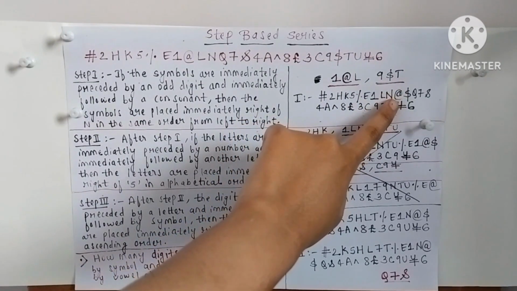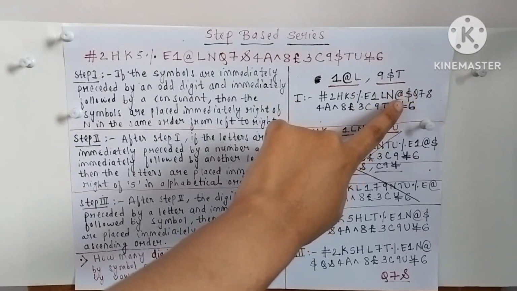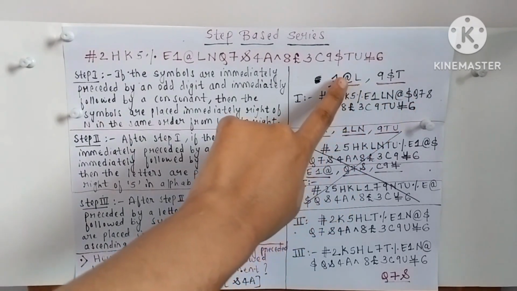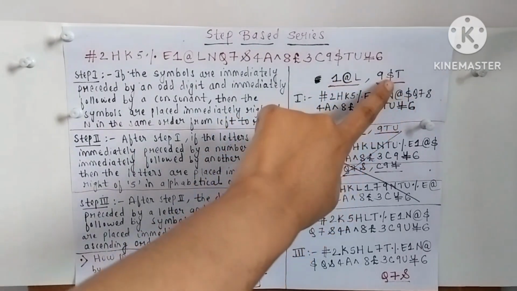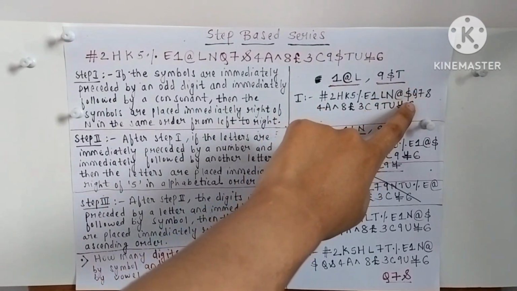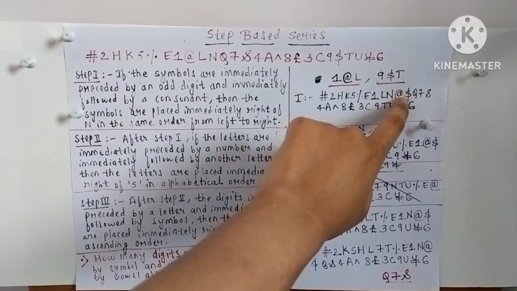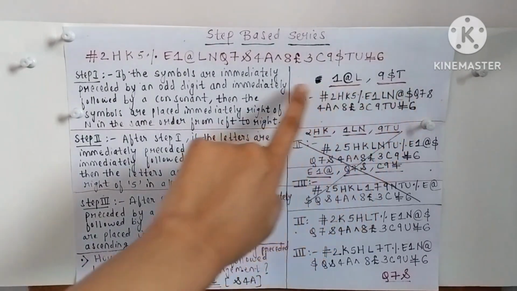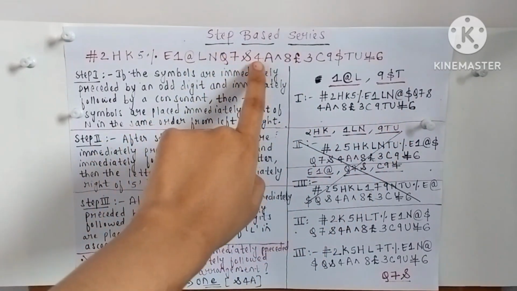After n you need to place those symbols. So this is at and dollar. You need to place them from left to right order, immediately right of n. Then similarly you write Q7 $4A.